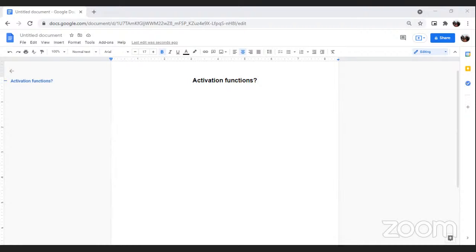So, let me help you out. It is something related to neural networks. Just in case it narrows things down.